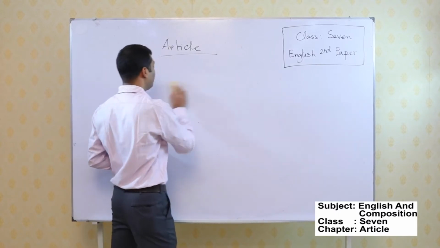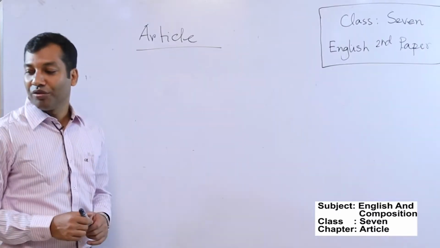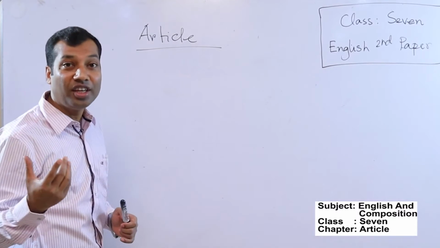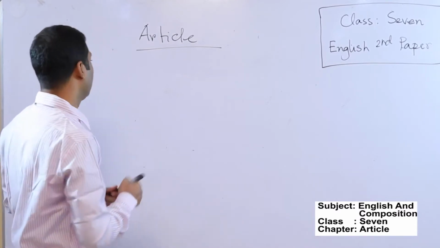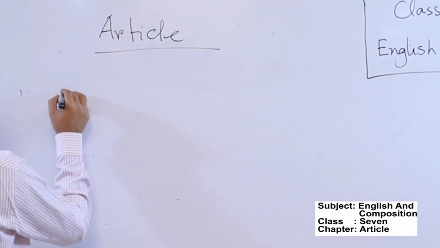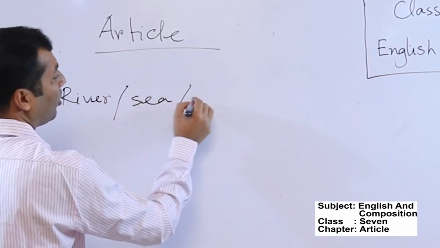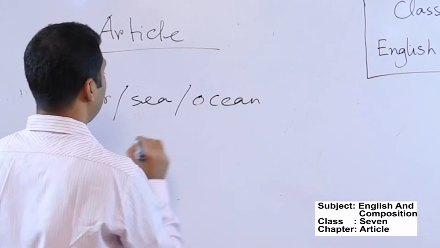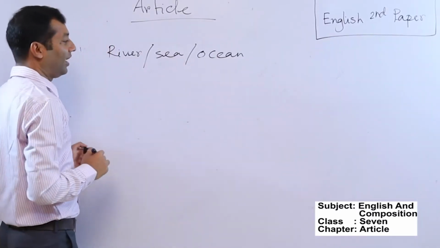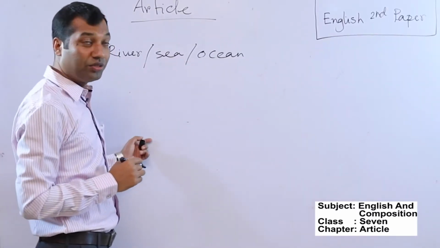Now the is used before the name of any river, sea or ocean. Before the names of these things, you must use the article the.